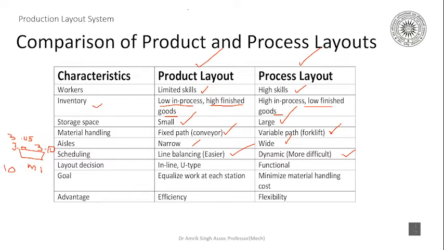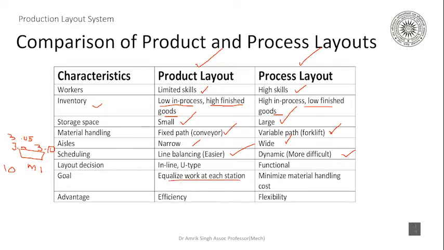Then layout decision. The layout can be inline or of U type. And here the layout is according to the function. Goal: equalize the work at each station because it is line type.